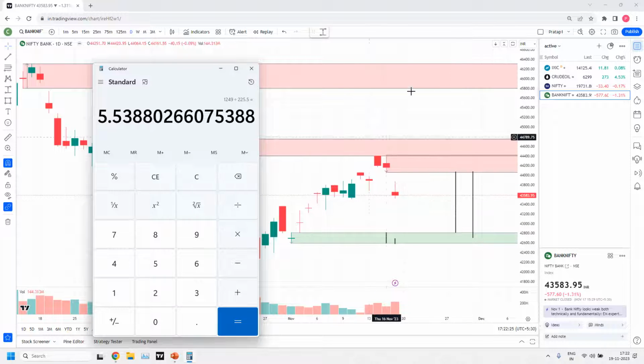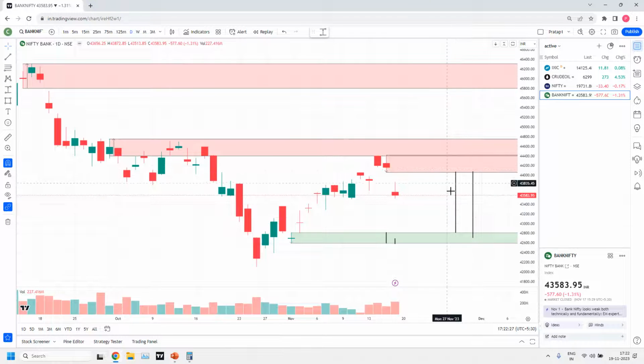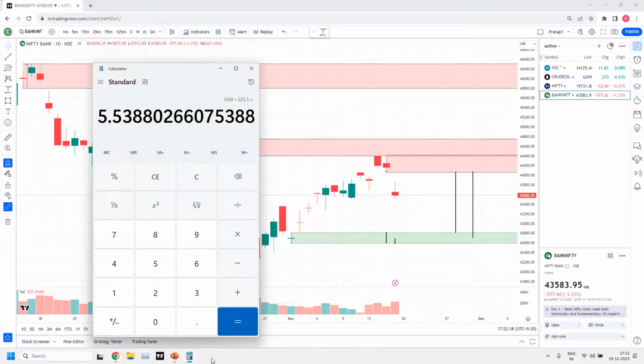The risk reward is 1:5.5. That is the RR. For every one risk, we have 5 times reward. If you get profit, you get 1,249 profit. If you get a loss, you get 225.5 loss.